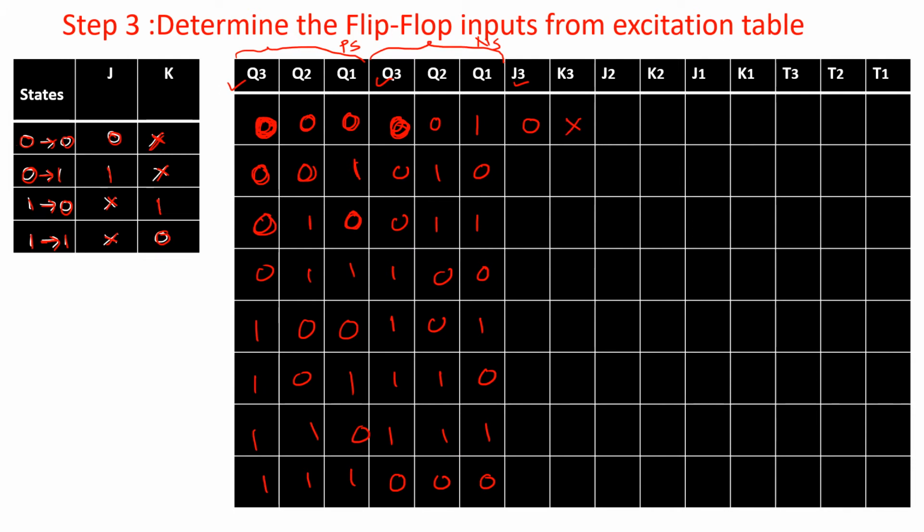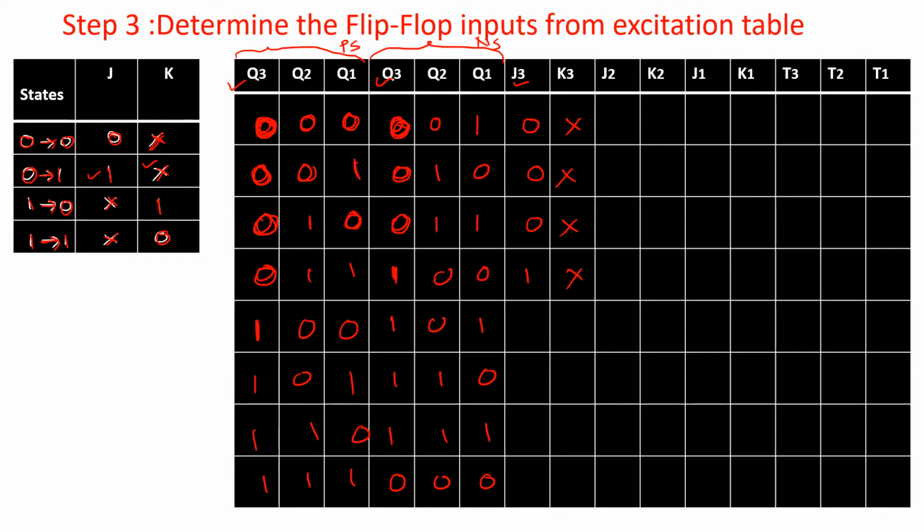Now my present state is 0 and my next state is 0. Again I will write 0 and don't care. Present state is 0, next state is 0, so it is 0 and don't care. Now present state is 0, next state is 1. So 0 to 1 is 1 and K is don't care.